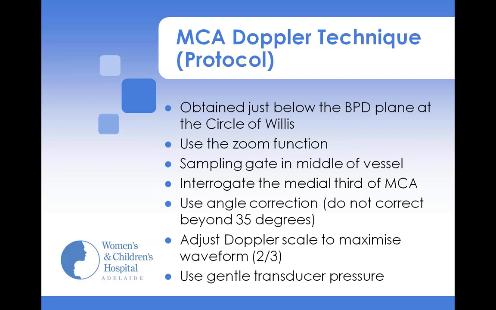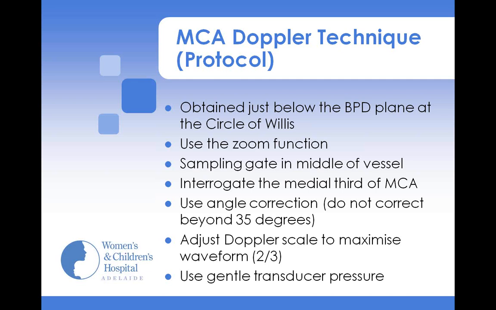So we have a technique, a protocol. The MCA Doppler is obtained just below the BPD plane at the circle of Willis. We always use the zoom function, very important. We place the sampling gate in the middle of the vessel. Interrogate the medial third of the MCA. Make sure you're not in the circle of Willis.